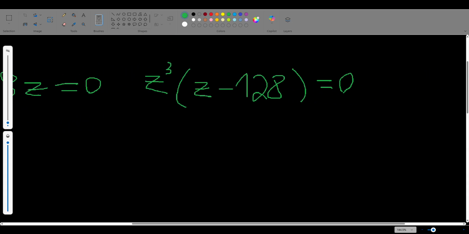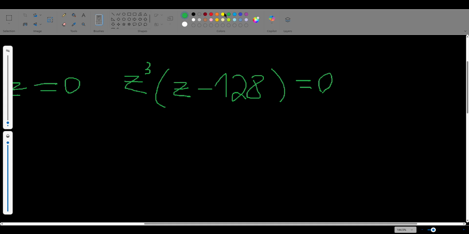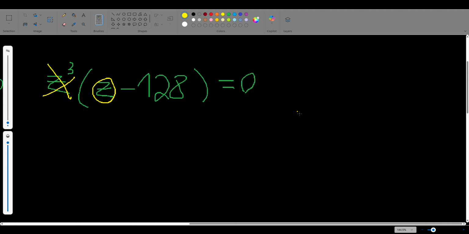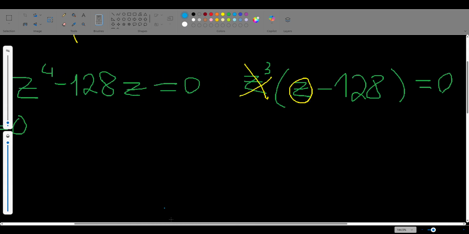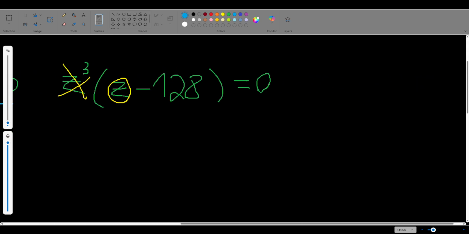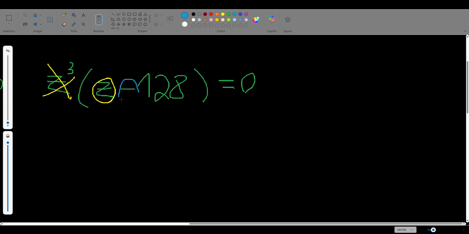Now, we're going to rearrange this. We're going to ignore this, and we're going to solve for z. It's simple. All you need to really remember when you see a problem like this, z to the power 4 minus a number equals 0, is if it's got a negative sign, it's going to become a positive.